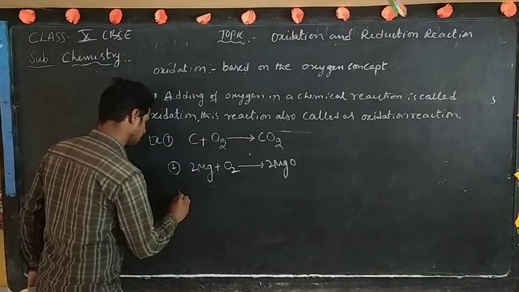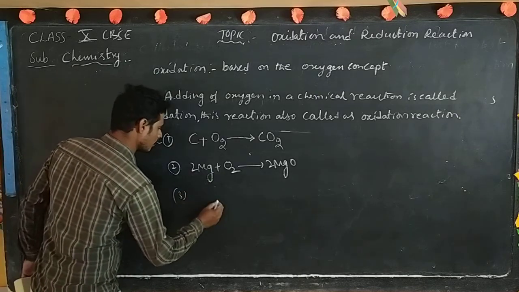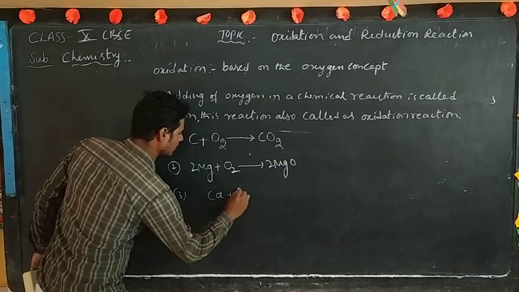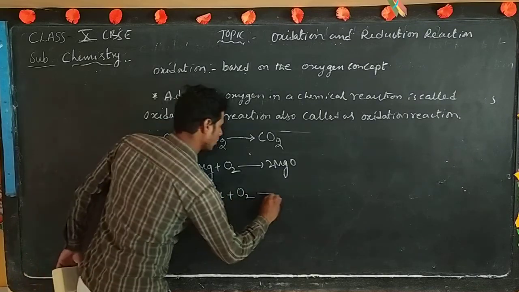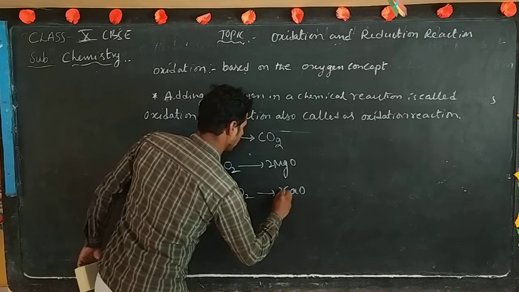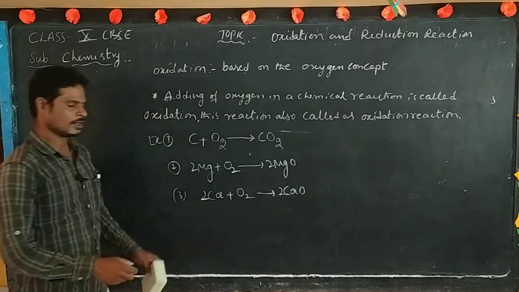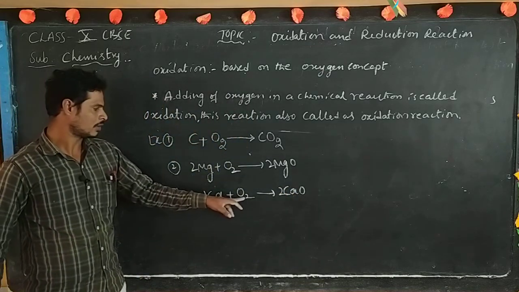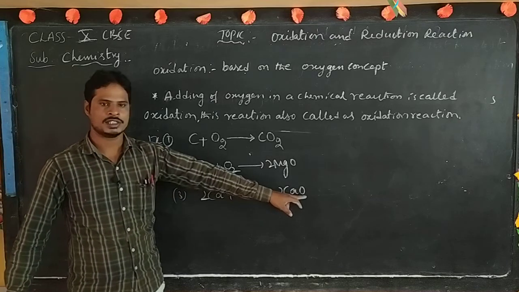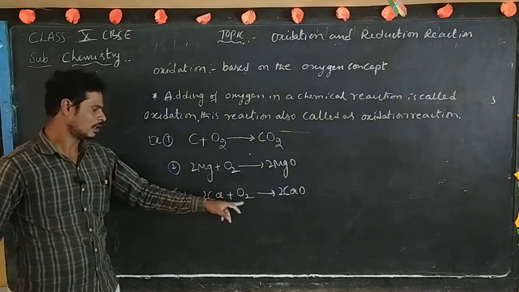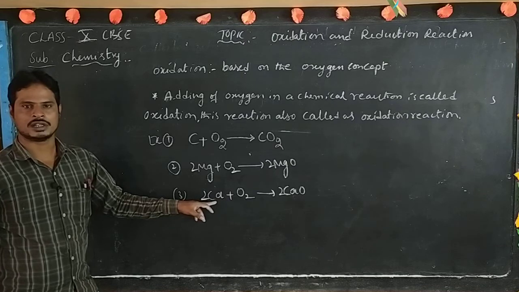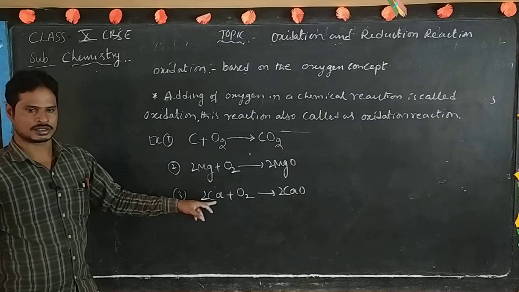Example 3. Calcium reacts with oxygen to form calcium oxide. Here also oxygen is added. That's why it is called an oxidation reaction.